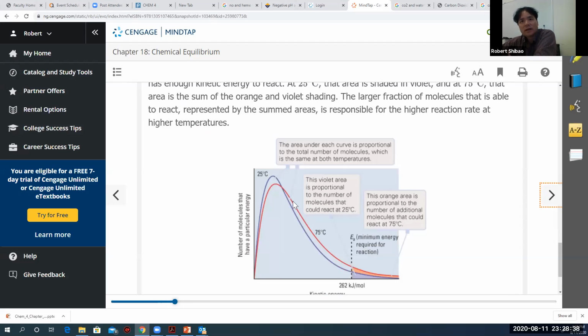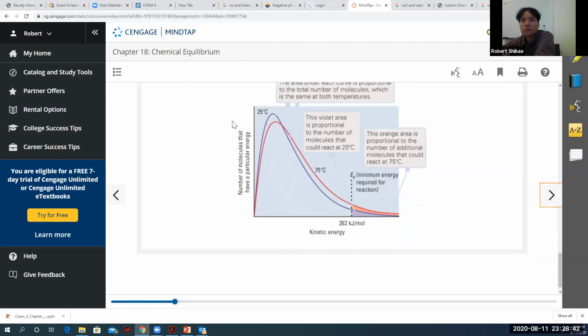This is looking at the kinetic energy distribution at two different temperatures. The blue one is at 25 degrees C. It's going to be the same population, and so the area under the curve is the same for the blue and the red. The red one is at 75 degrees C. This cutoff here is the minimum energy required for reaction, which is the activation energy.